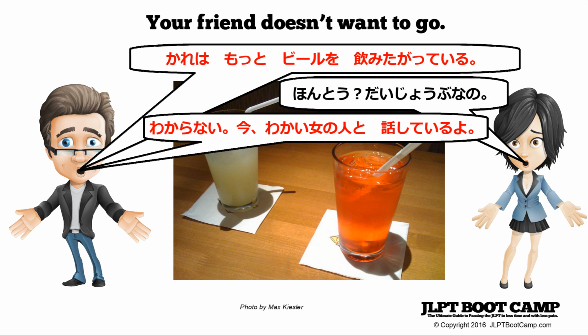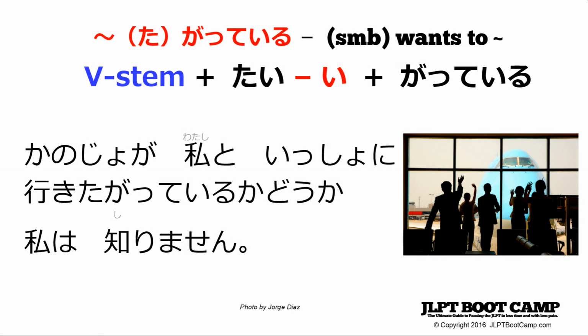And so you used this structure, tagatteiru, because you're using tai here, but you're cutting off the i and then adding gatteiru to talk about what somebody else wants to do.